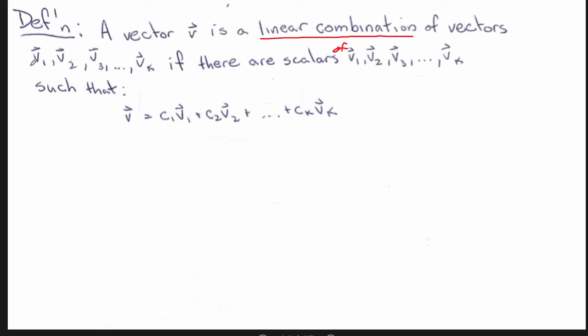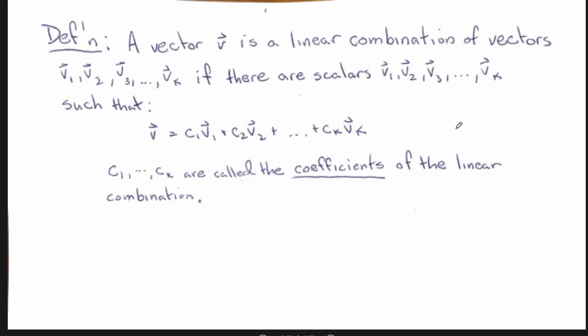If I'm in R3, I might still have k vectors, which could be 2 or it could be 10. If v is equal to a linear combination of other vectors, then v is a linear combination, and c1 through ck are called the coefficients of the linear combination.